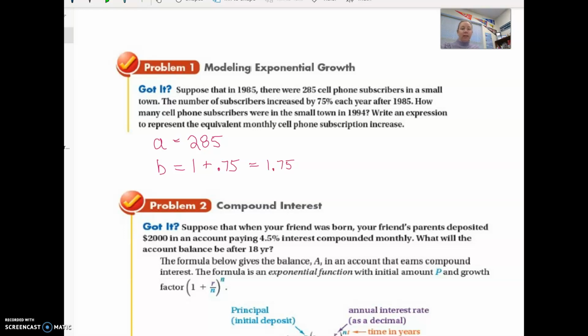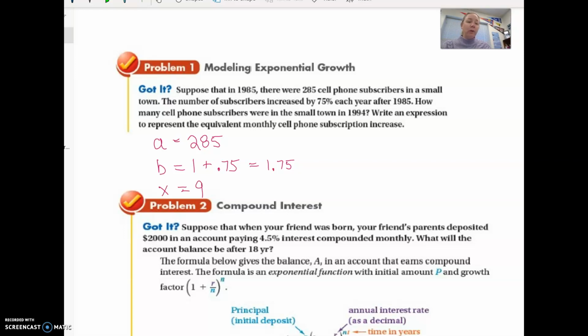And then it says write an expression to represent the number of cell phone subscribers if we wanted to know how many in 1994 would have been cell phone subscribers. So from 1985 to 1994, that represents a 9-year difference.